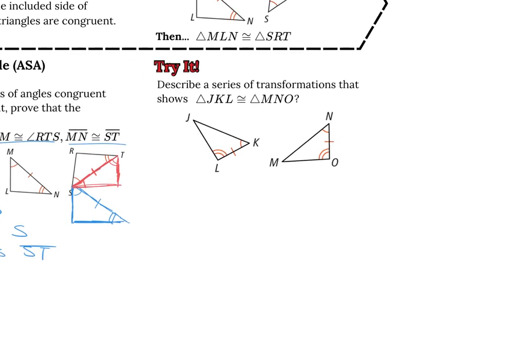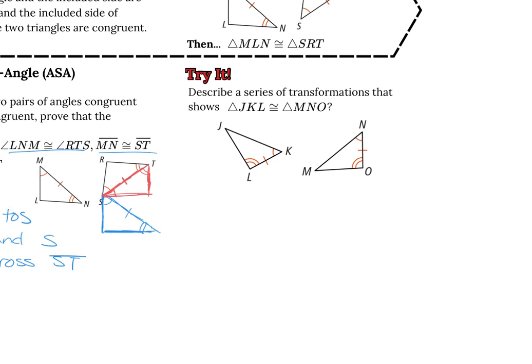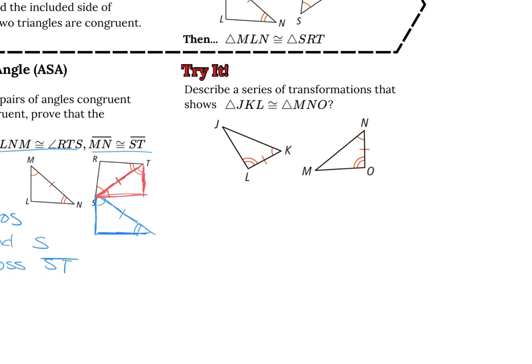So let's look at our try it. We want to look at a series of transformations that would show that triangle JKL is congruent to MNO. We would first translate K to N. Again, this is just going to be a rough sketch.